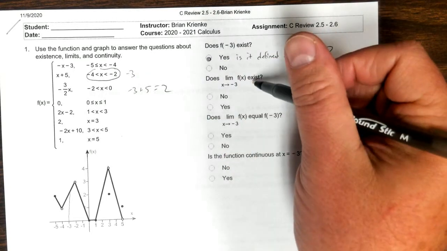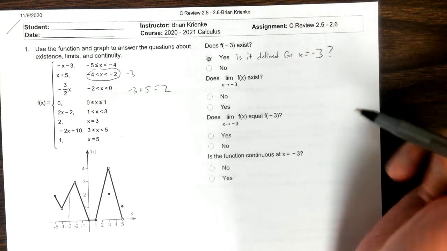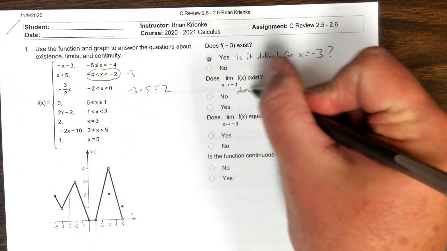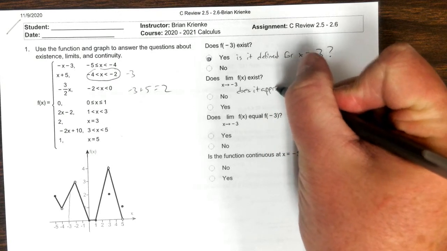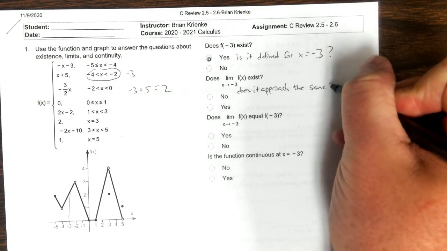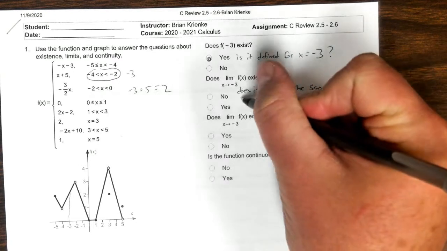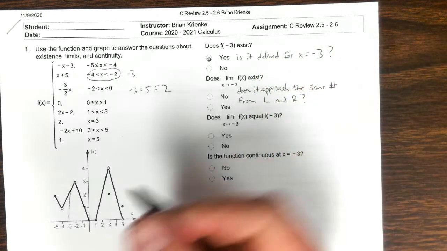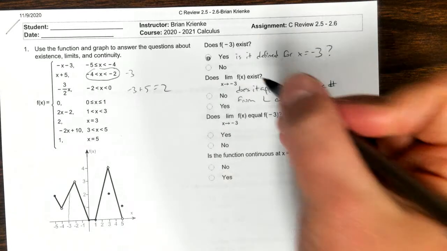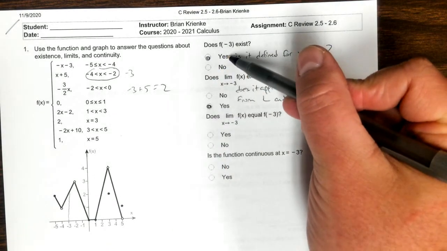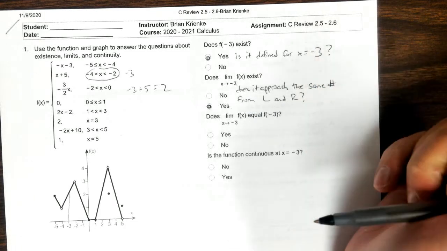The next one says, does the limit exist? So what they're asking is, does it approach the same number from the left and right? And yes, it does. What you have to watch out for is sometimes they have yes first and sometimes they have yes second.